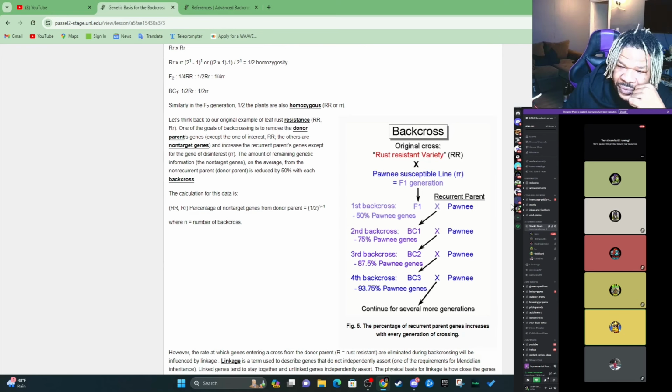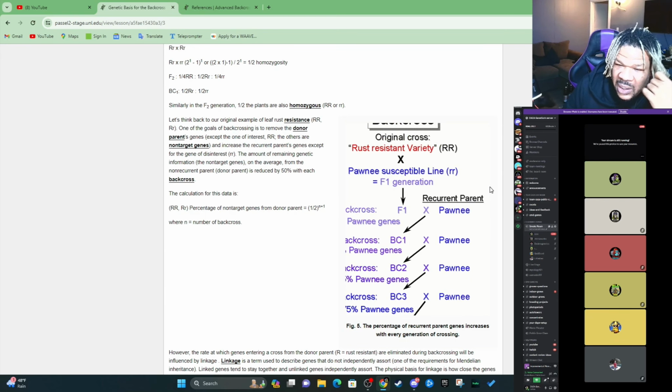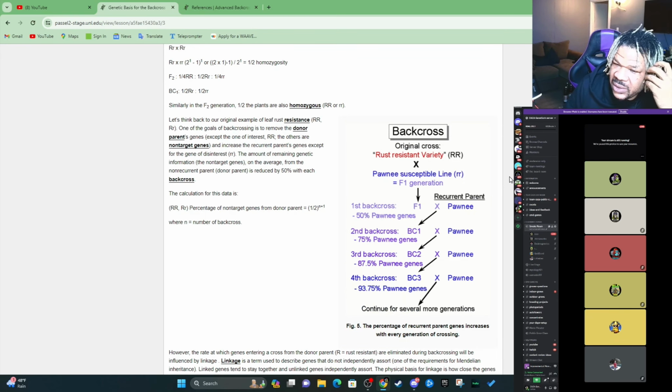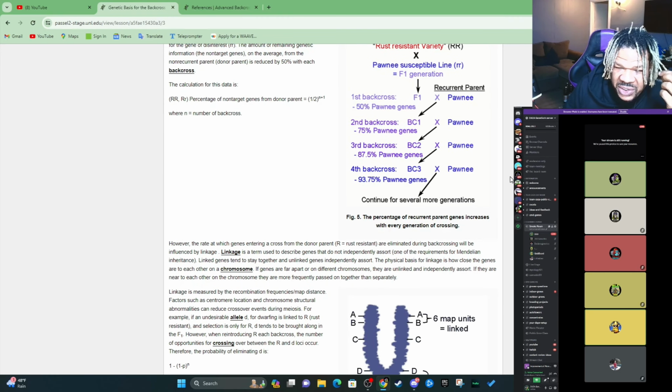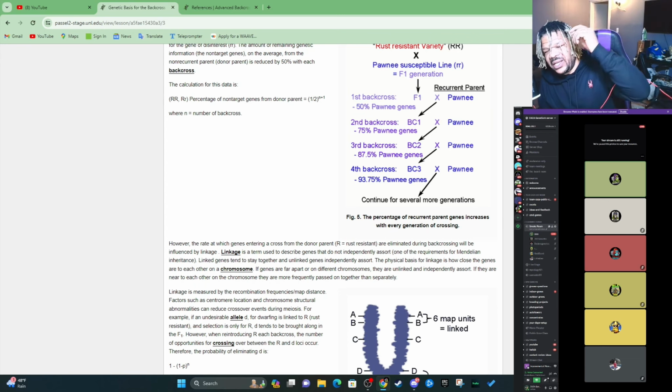Yeah. So we'll get a better understanding as to why... linkage. Linkage is going to be the language we're going to take home tonight. Linkage, and we're going to add that to our repertoire, our arsenal of language.